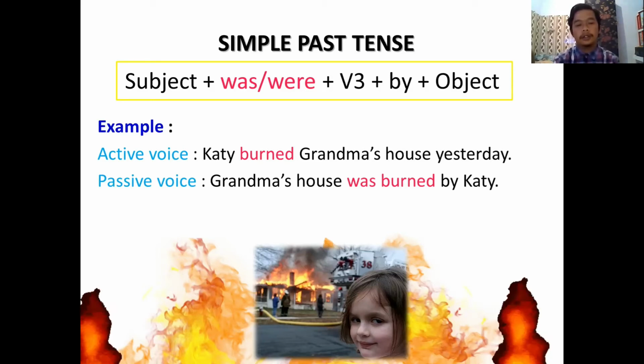The active voice: Katie burned grandma's house yesterday. The passive voice sentence is: grandma's house was burned by Katie. Jadi ini simple past tense memperjelas keadaan, bagaimana keadaan dan situasi yang berada di kalimat tersebut.